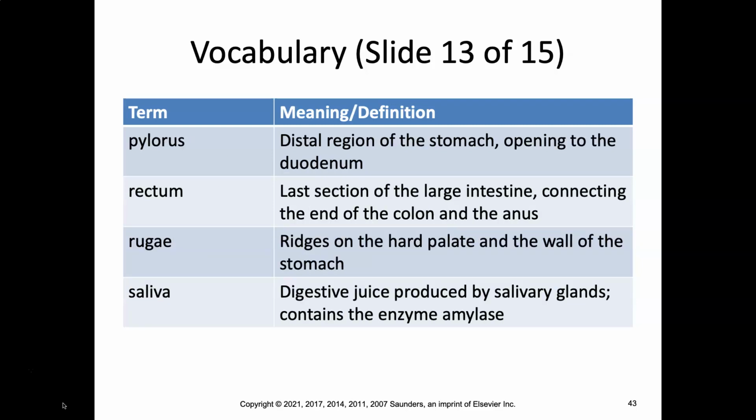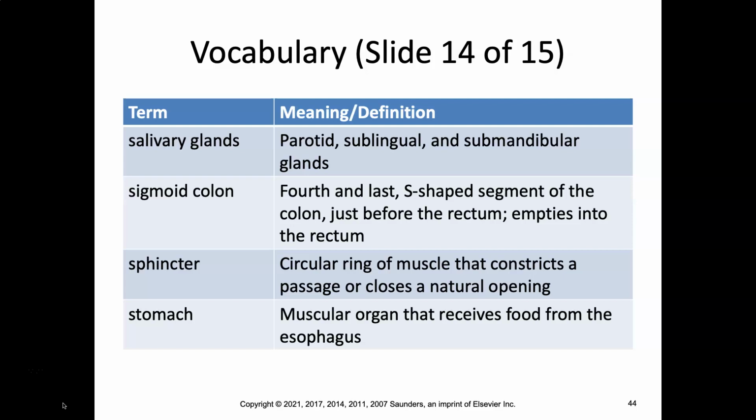Oh, really quick, under saliva, notice there's another enzyme mentioned there, amylase. Amylase. And you have salivary glands, you have parotid, you have sublingual and submandibular. Sublingual, where are those located? Lingual, under your tongue.